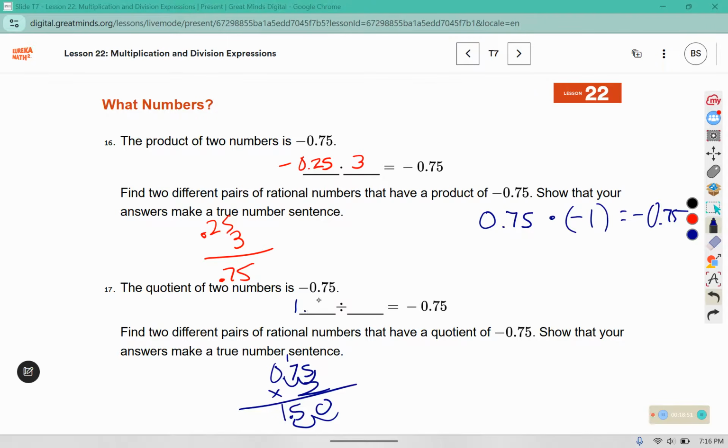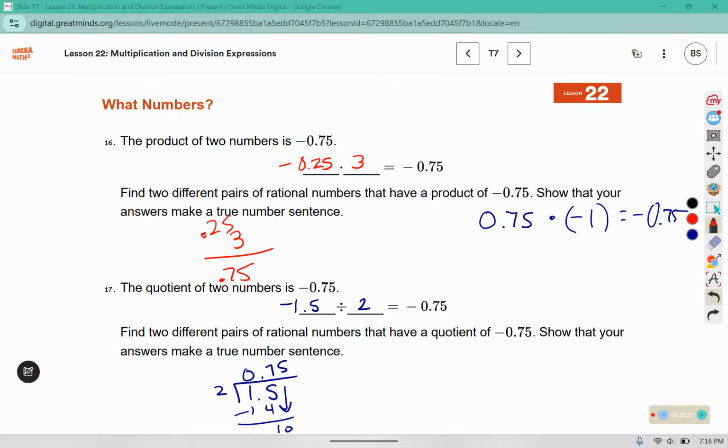So we can make this 1.5 divided by 2 would get us back to that. One of them needs to be negative though. And it does say show that that would make a true number sentence. So 1.5 divided by 2. 2 fits into 15 7 times. And 2 fits into 10 5 times.